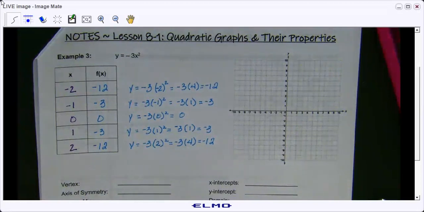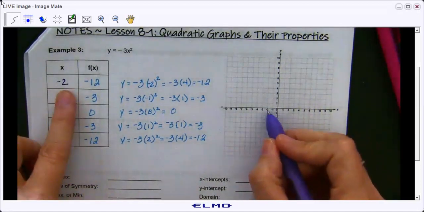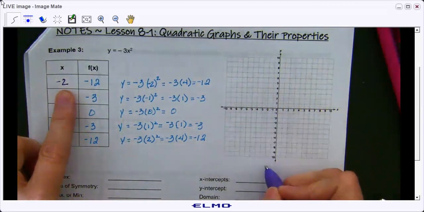Now what I want you to do is I want you to graph this parabola. And of course, your -12 is going to go off the grid just a little bit. So just kind of estimate that.